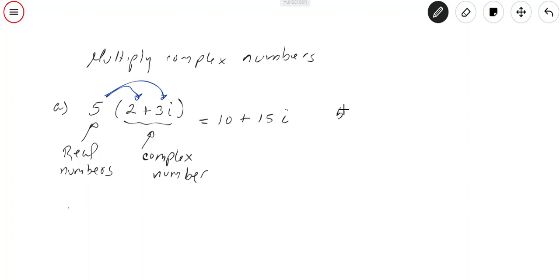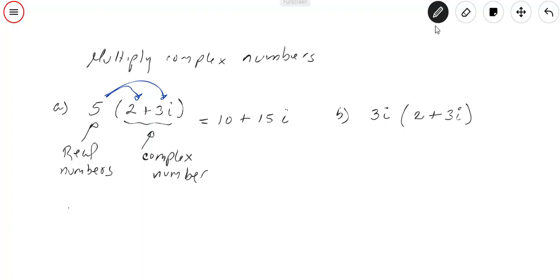Let us see another case. Suppose that instead of the product of a real number times a complex number, I have the product of the imaginary part times a complex number with real and imaginary part. So 3i times that same value, for example 2 plus 3i. So what are you going to do here?